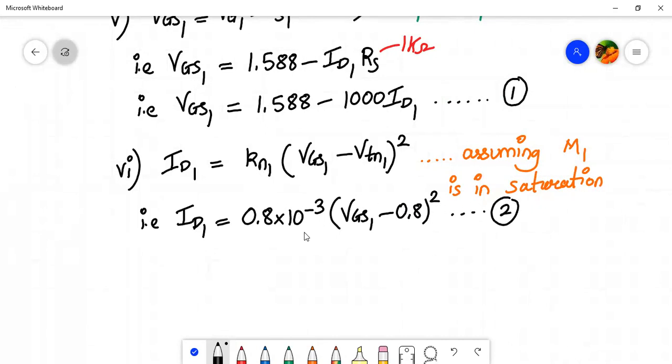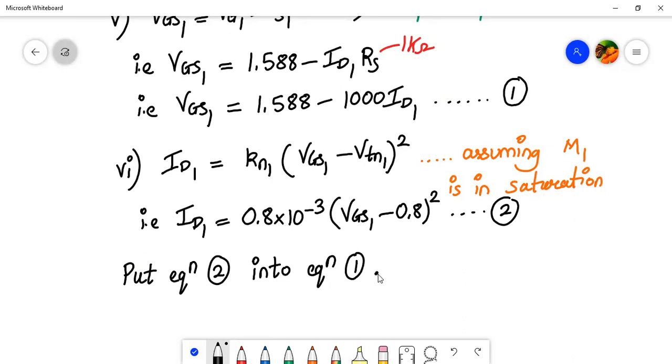Now, if you see carefully, in equation number 1 and 2, there are two unknowns and two equations. So we can solve them and get the value of VGS1 and ID1. So now what we do is we put the value of ID1 from equation number 2 into equation number 1.